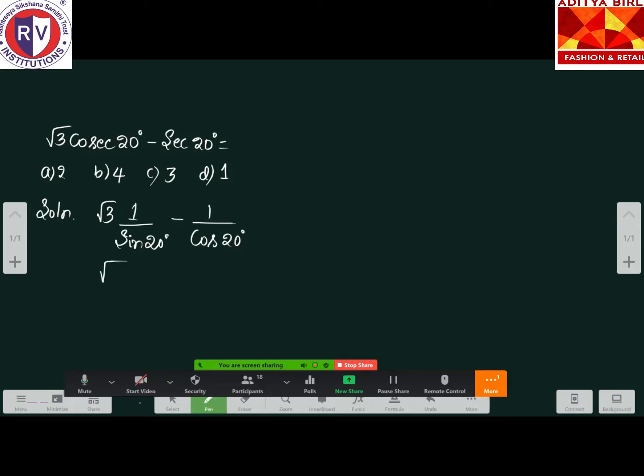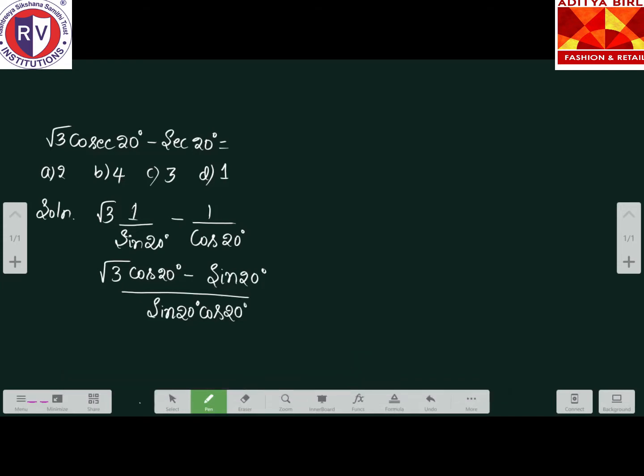This will be root 3 cos 20 degree minus sine 20 degree, and in the denominator it will be sine 20 degree into cos 20 degree. So now let us multiply and divide only the numerator by 2, because then here we will get 1 by 2 and here we will get root 3 by 2.